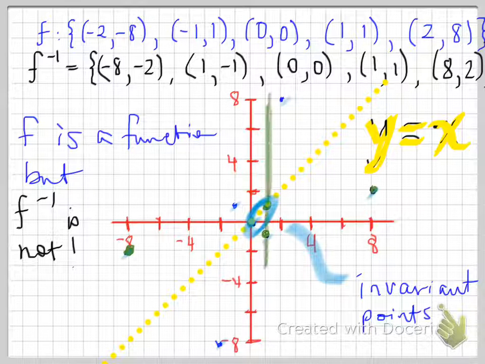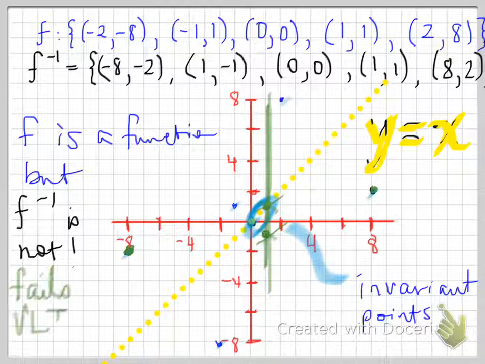Well, if I drew a vertical line through those 2 green points, we found that the vertical line passes through 2 points, and those 2 points indicate that the vertical line test fails. It fails here and here, and because it fails the VLT, it is not a function. So we were able to prove it using the definition with the coordinates, and we are also able to prove it using the graph.